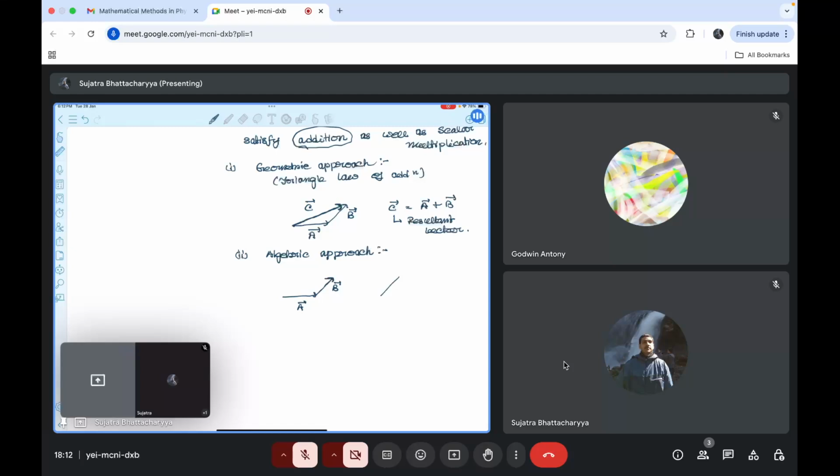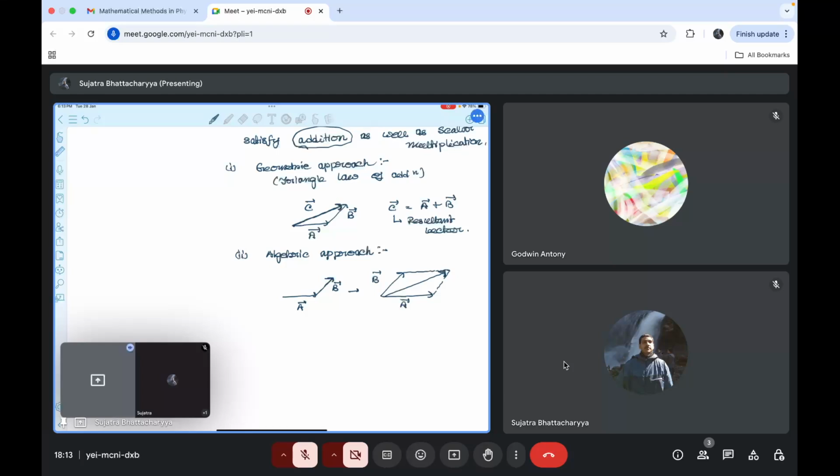Now this is A, this is the same B, I have just shifted it parallelly. Now there is a resultant vector. There's a parallelogram kind of thing, and we just join this. So this follows the parallelogram law of vector addition.